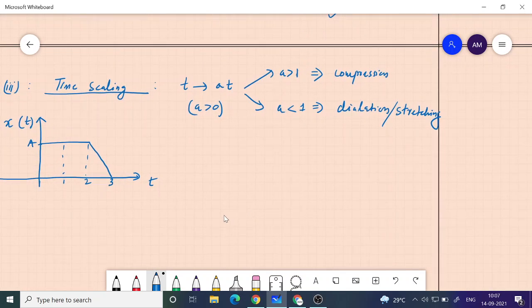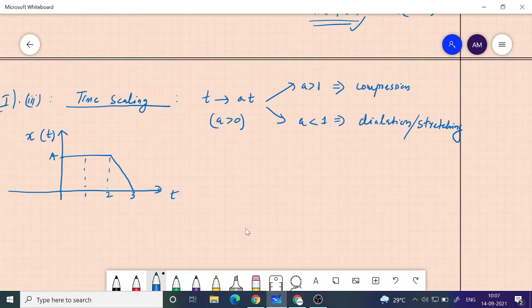So let's see the picture for both cases. Let's take the case of a equal to 2. If a equal to 2, what would go up to 2 will only go up to 1. Amplitude is still a, no change in the amplitude.